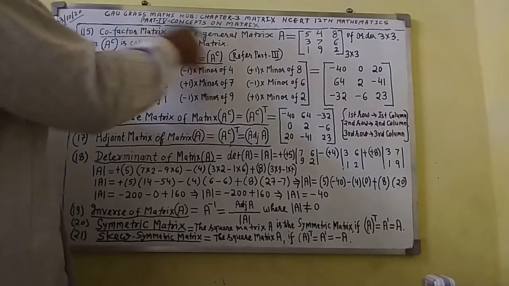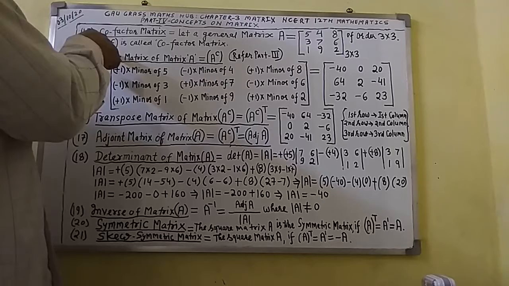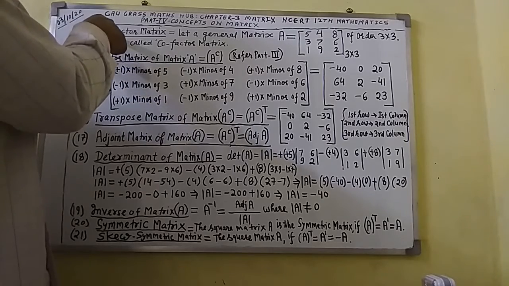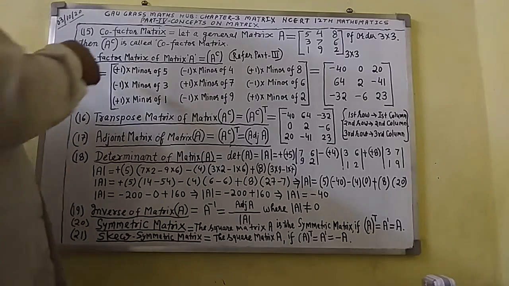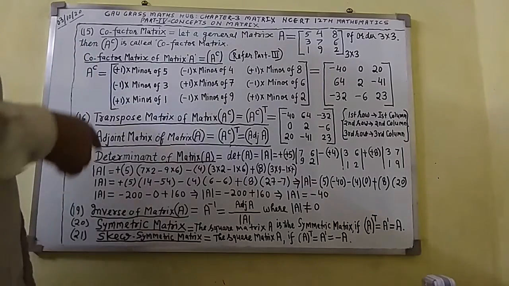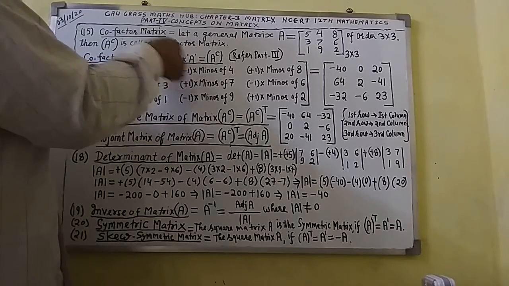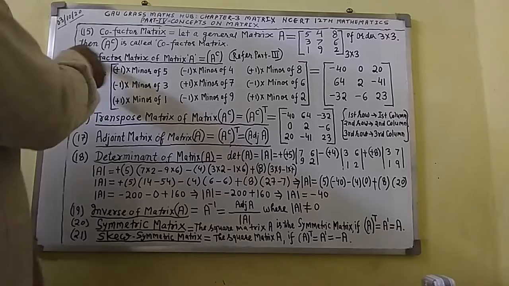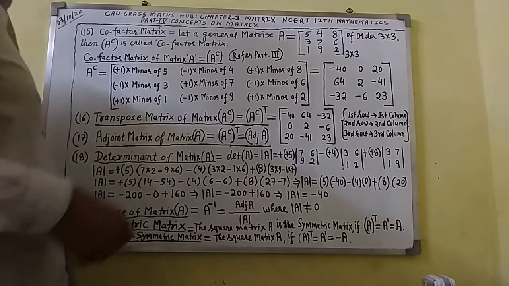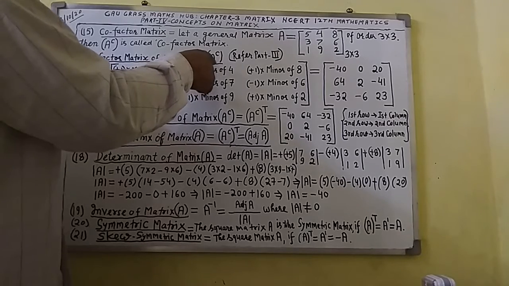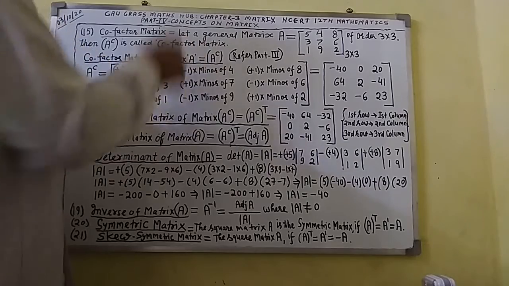The cofactor matrix will be written as A raised to the power capital C. How to find the cofactor matrix from a normal matrix capital A? The cofactor matrix of a matrix A, notation will be capital A raised to the power capital C.